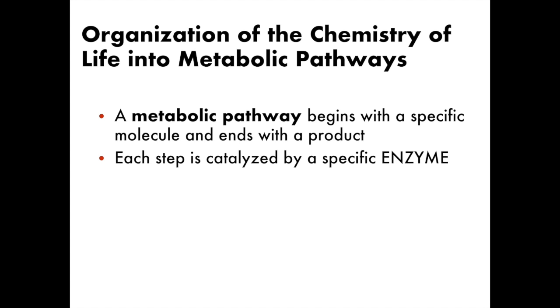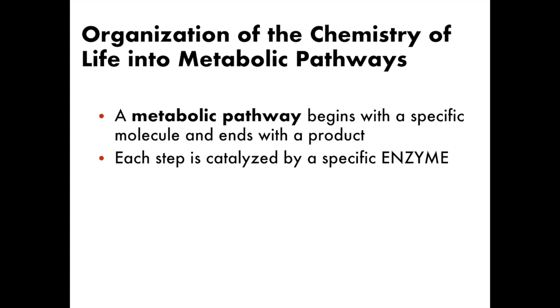What this means is that in order to make a complex molecule, usually we have several different steps in the process. We start with a molecule that is the initial product, and then we end up with something that has been modified maybe several times to come up with a new product.